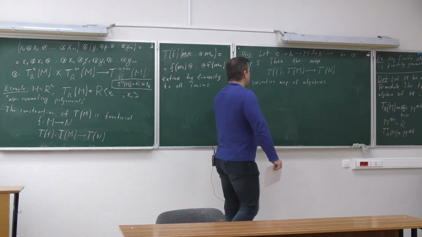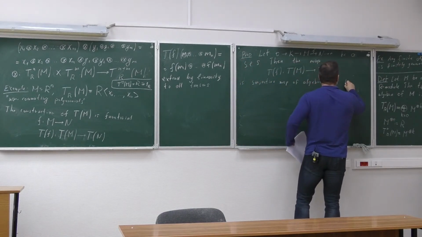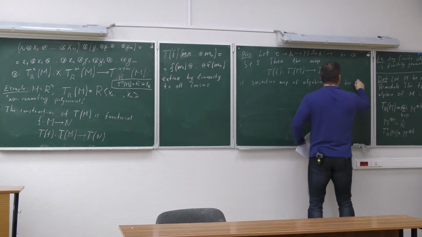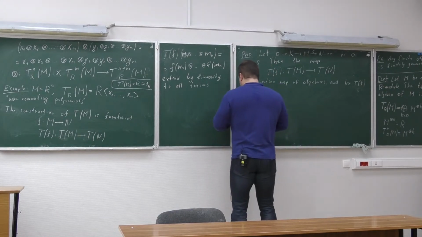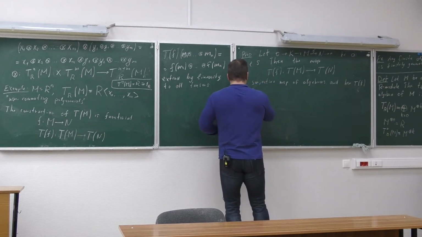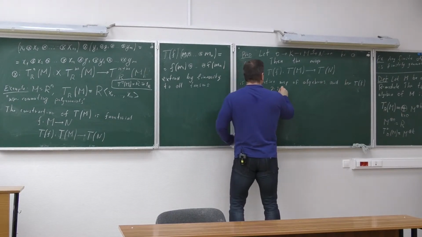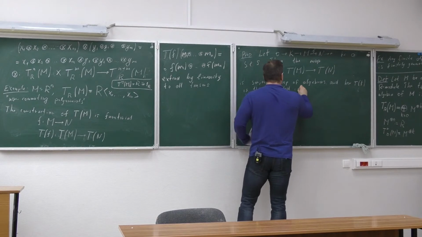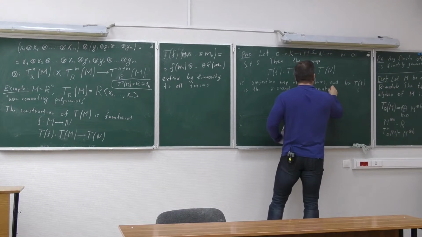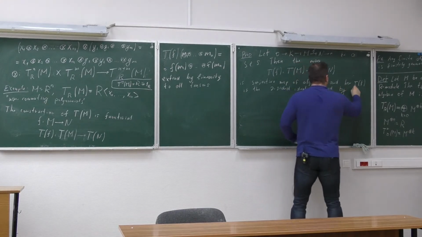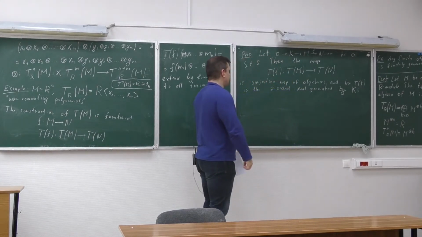So this is a surjective map of algebras, and also the kernel of this map is the two-sided ideal generated by K. What's with two-sided?